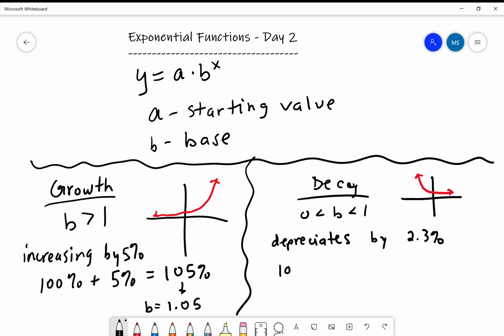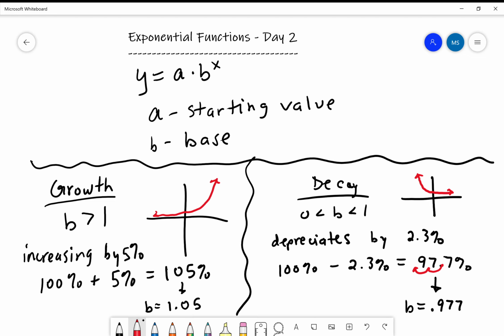Well, we want to recognize that that 100% is going to be reduced by 2.3%. Here we'd get 97.7%, and then we convert that to a decimal, which is 0.977. If you're unsure about how we convert from percent to decimal, we just move the decimal point 2 to the right, and that gives us 0.977.